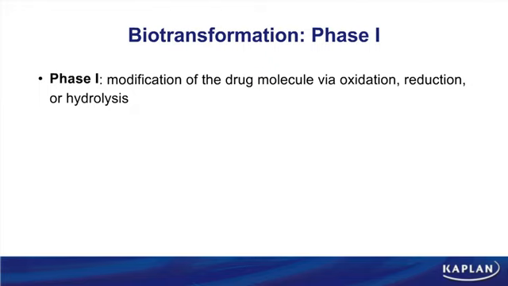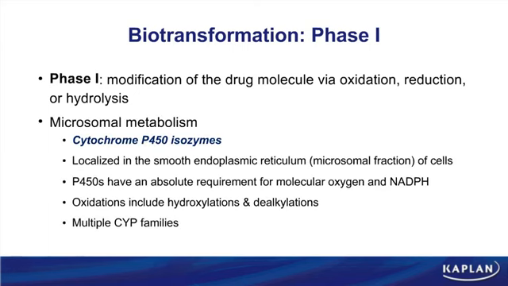Probably a better term, and maybe a better way to think about metabolism, is that there are two types of reactions. There's the first type, which we call phase 1, and a second type, which we call phase 2. Phase 1 most often involves enzymes called cytochrome P450s. Cytochrome P450 enzymes are really a number of enzymes.